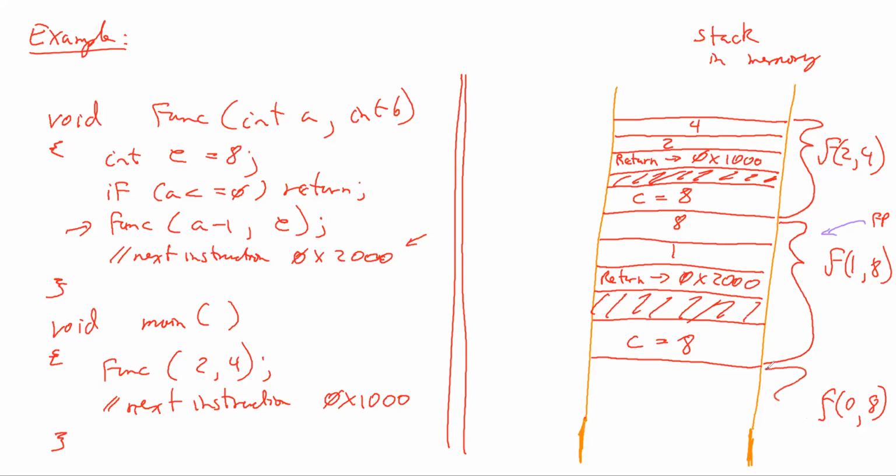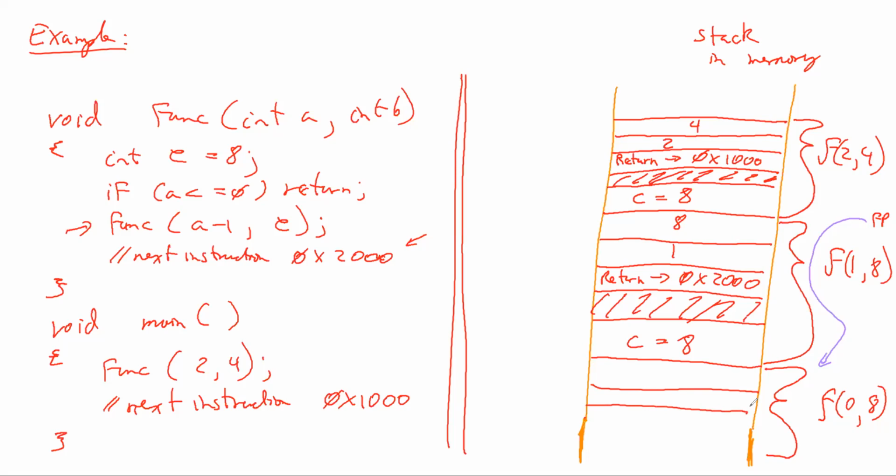We need another frame. Now, the frame pointer will point there. Do you see that? Because that's the frame that's currently being executed. So now we specify, again, the same thing. This is the last time I'm going to do this, but hopefully you can see how the mechanism works.